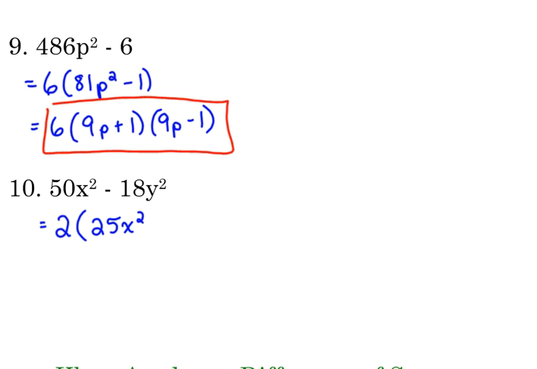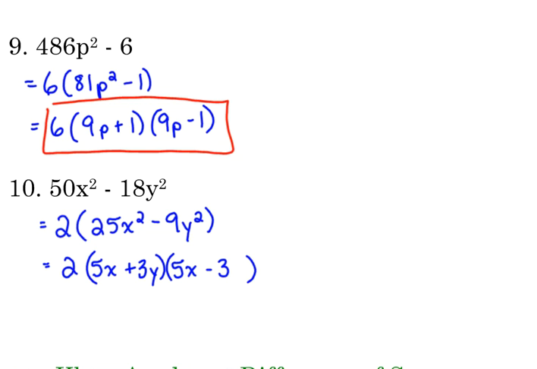So when we factor out the 2, we're left with 25x squared minus 9y squared. Now we have the difference of perfect squares. Two terms, minus sign in between, 25 and 9 are both perfect squares. So 5x plus 3y, 5x minus 3y.